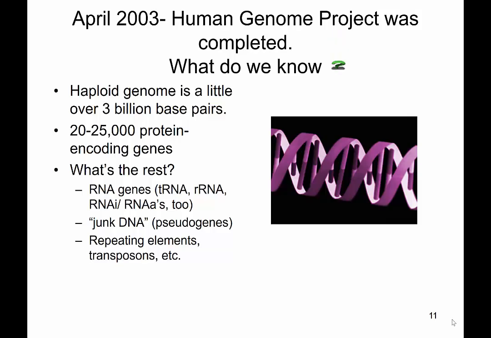So now that you know the organization of your DNA, this idea of going from your genome to chromosomes to genes and the nucleotides that make them, you should know that in April of 2003, the Human Genome Project was completed.